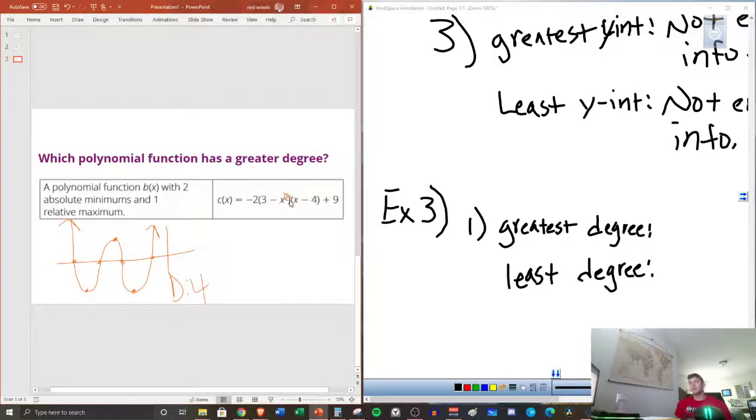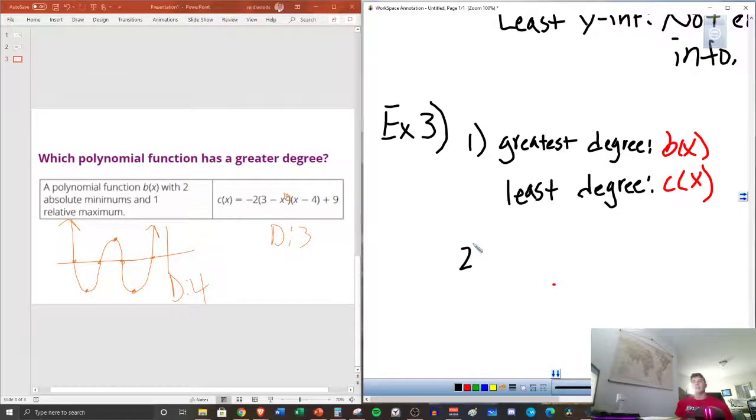Now, because these are being multiplied, we can't say that the highest power is 2. When they get multiplied, if we did a box method here, we would get our highest power. So we sort of are counting each one of these. This one gets counted twice, so 1, 2, 3. So the degree of this one should be 3. So what that helps us do is we're getting our answer over here. Greatest degree is B of X. Least degree is C of X.